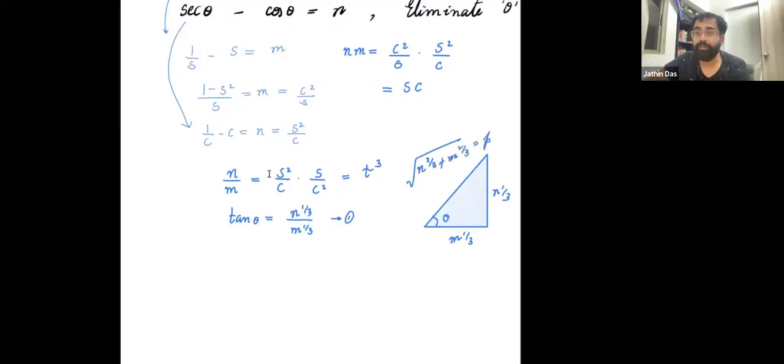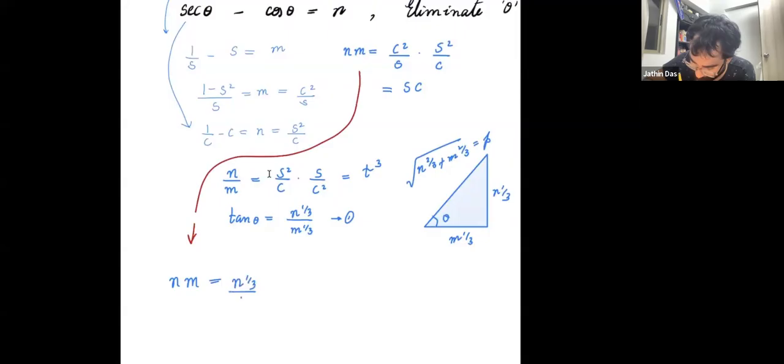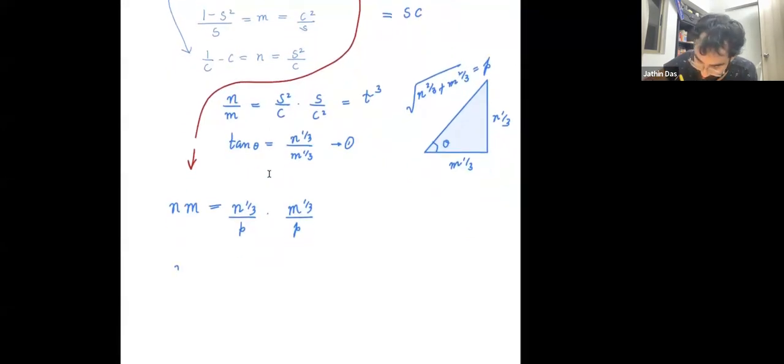In this equation, I can write n into m is equal to sine, n^(1/3) by p, into cos, m^(1/3) by p. That will be nm is equal to (mn)^(1/3) divided by p square, and p square is n^(2/3) plus m^(2/3).